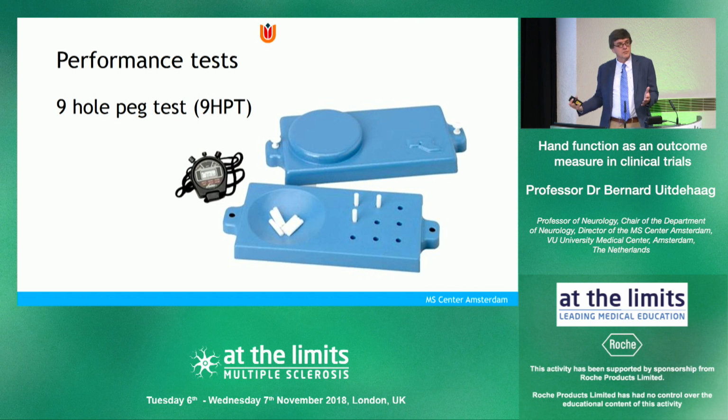So what do you do then? There are strict rules on how to do that. The box and block test is more simple. The 9-hole peg test is most widely used. It's part of what we call the MSFC, the MS Functional Composite score. The downside of the composite score is that it's combining several items into a single score. You cannot dissect the upper limb function.